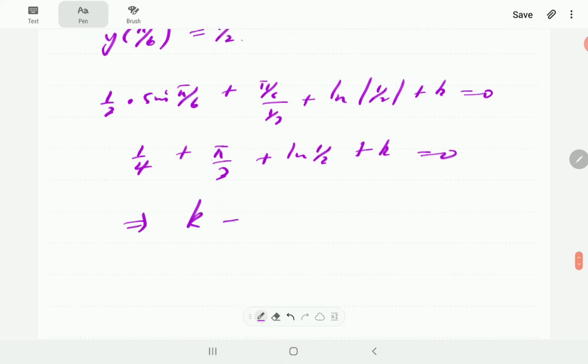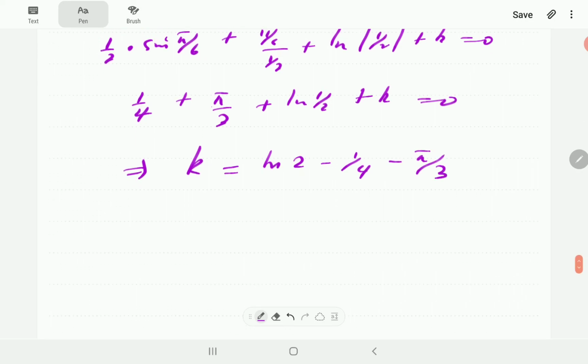So this is telling us that k is going to be equal to ln 2 minus 1 over 4 minus pi over 3.